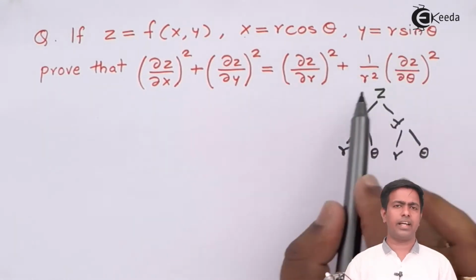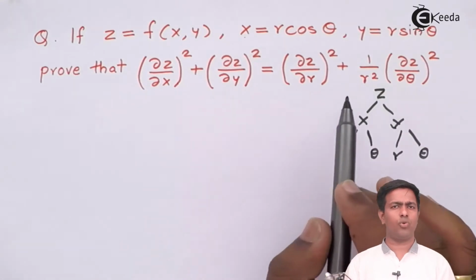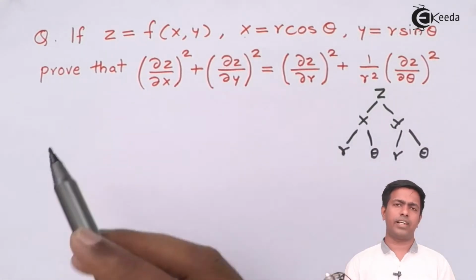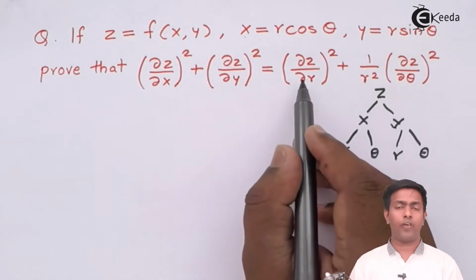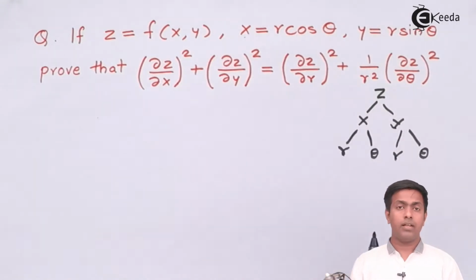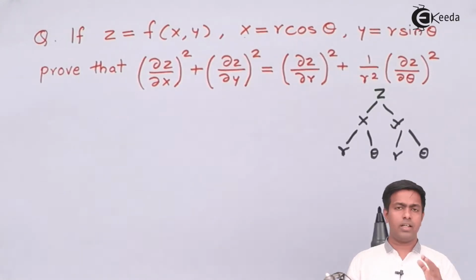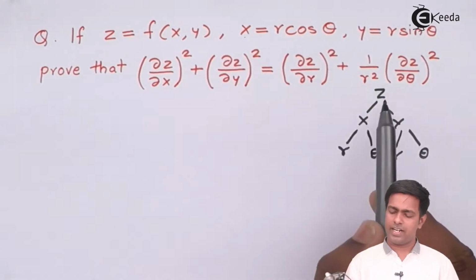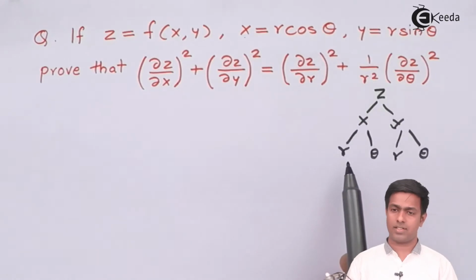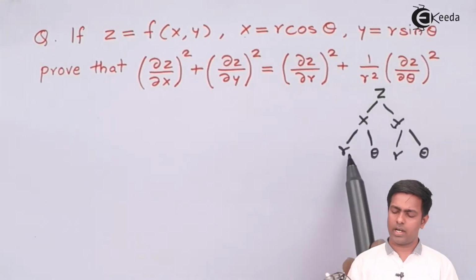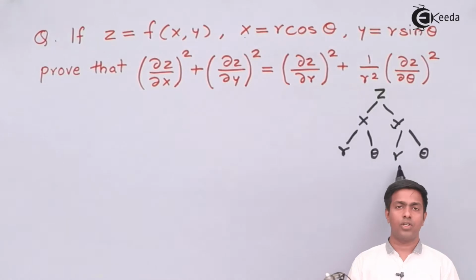So by finding the values of the right hand side, you easily get the left hand side. So let's start. To find del z by del r, let's apply the formula, and for that we have to travel the tree from z to r. So there are two paths, one is z to x, x to r, and one is z to y, y to r. So we'll write it down.